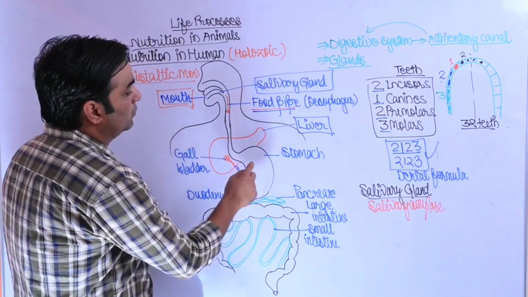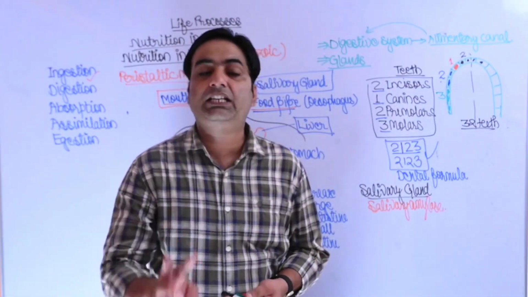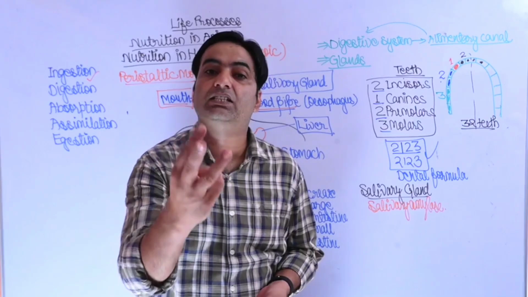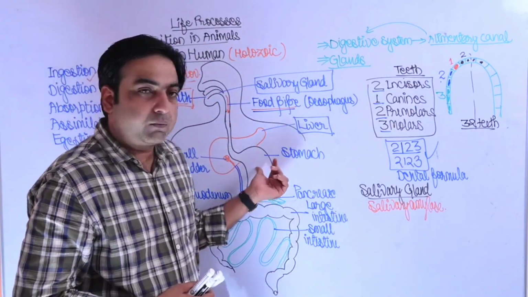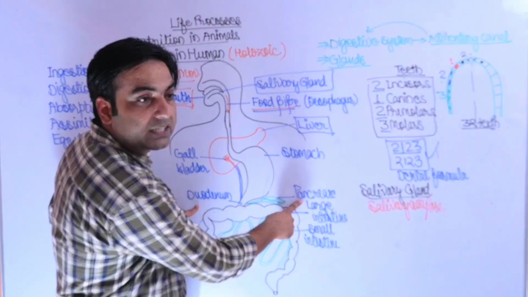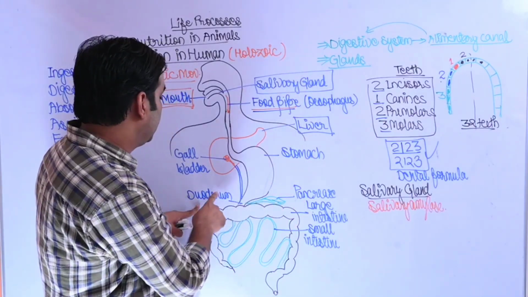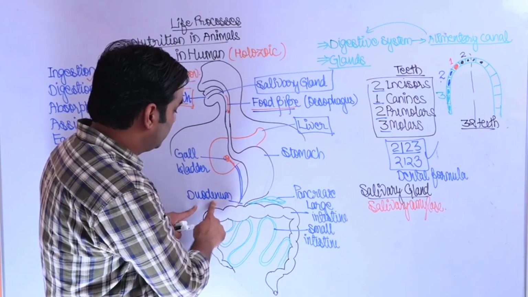After the movement, the food reaches the stomach. The stomach also secretes three types of secretions, which we will discuss in the part on digestion. This allows the food to move down to the duodenum, where it receives the secretion from the pancreas as well as the bile from the gallbladder.